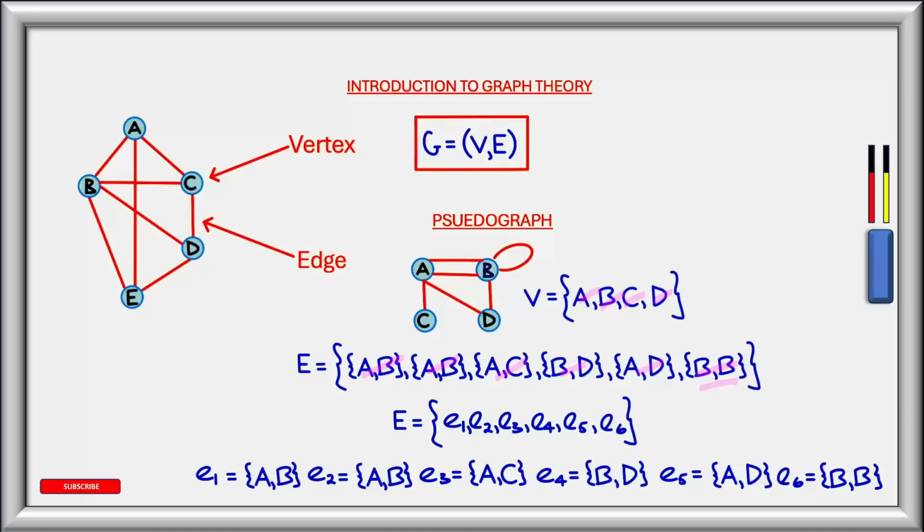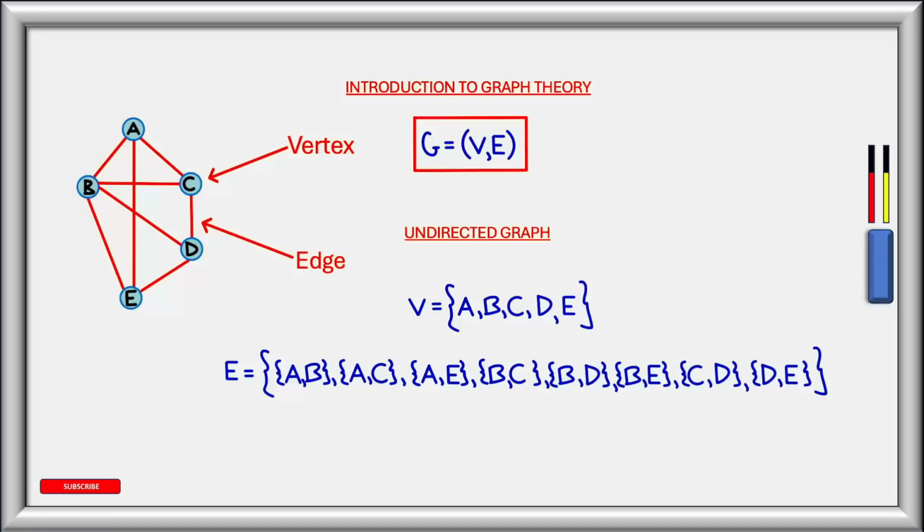This can also be written as the edge set is equal to E1, E2, E3, E4, E5, and E6, where E1 is AB, E2 is AB, E3 is AC, E4 is BD, E5 is AD, and E6 is BB.